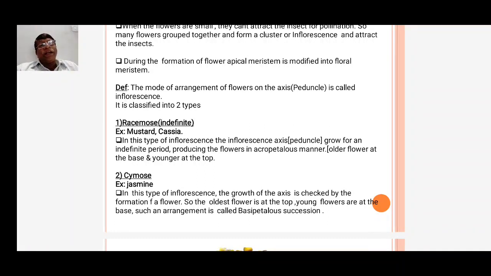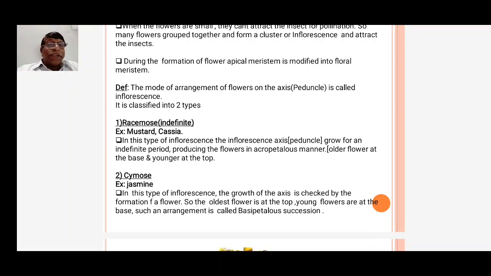An important character of cymose inflorescence. Important characters: definite growth of axis, basipetalous arrangement of flowers.